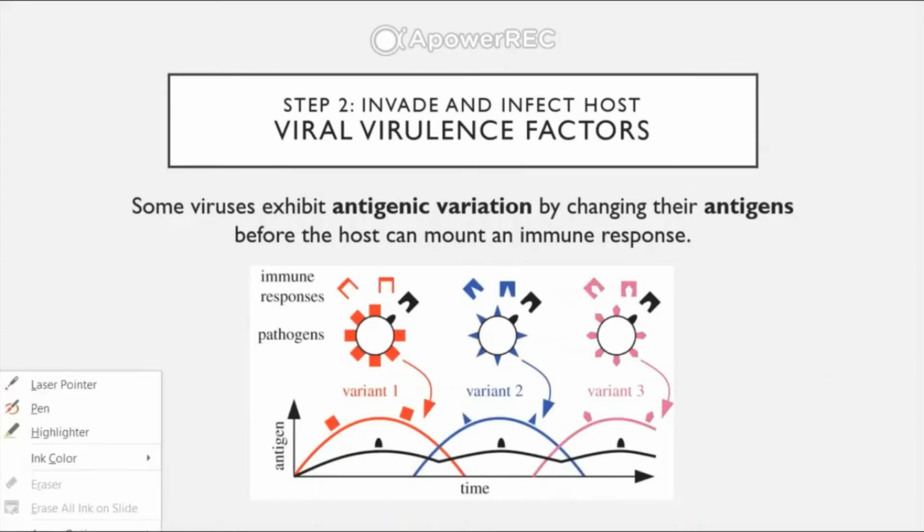If we look at this slide, on the x-axis is time, and on the y-axis is the type of antigen present. So we can imagine maybe with a flu virus that these are different seasons. So in one flu season, we have the first variant emerge, variant 1, which has an outer marker that is, maybe it's an adhesin, and it's sort of this square shape.